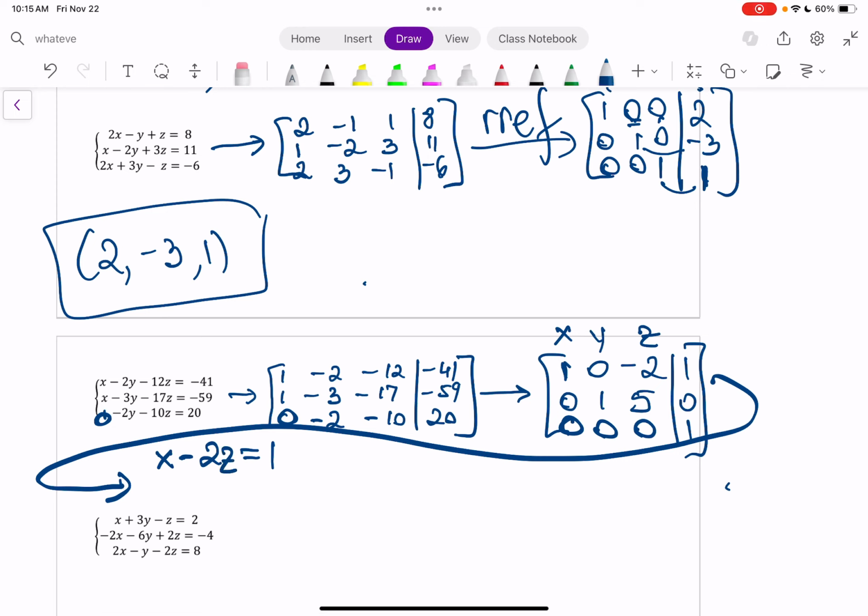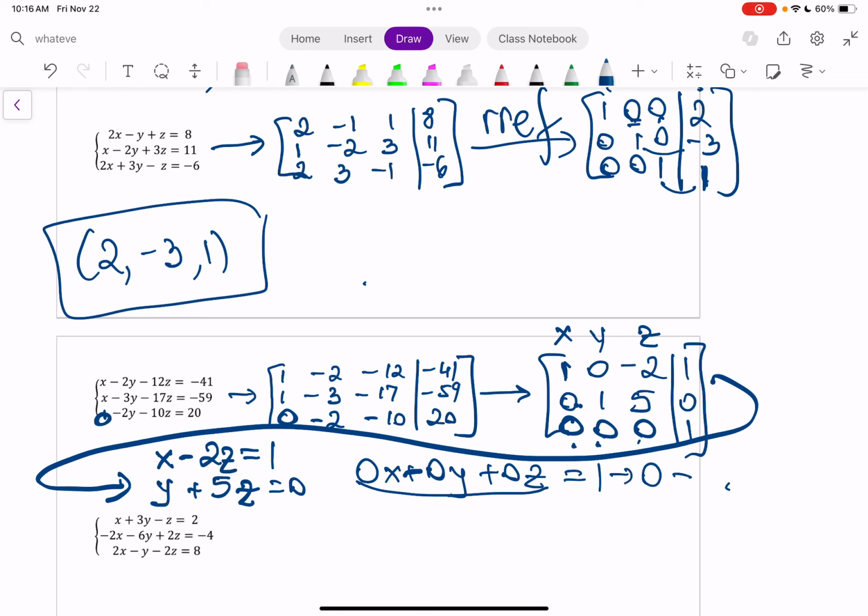Okay. The second equation says no x, but 1y plus 5z equals 0. And the last equation here says what? 0x, 0y, and 0z equals 1. Well, all of this is one big 0. And one big 0 cannot equal 1.